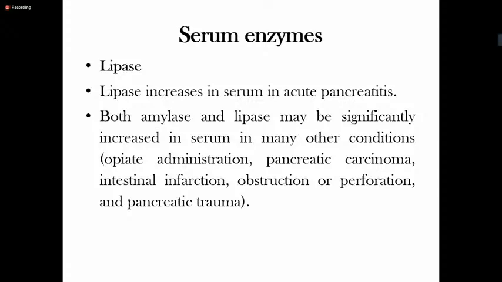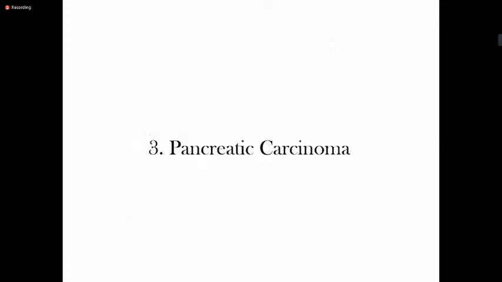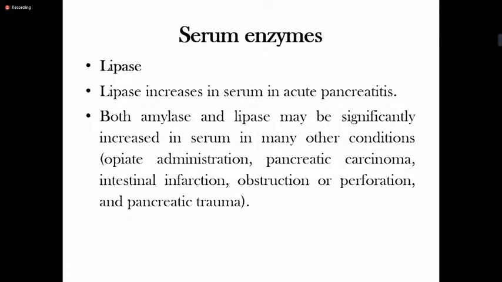So these other things increase them too. In acute pancreatitis, amylase and lipase increase, but these other conditions may also increase the levels. Now, the main diagnostic enzymes for pancreatitis are amylase and lipase.